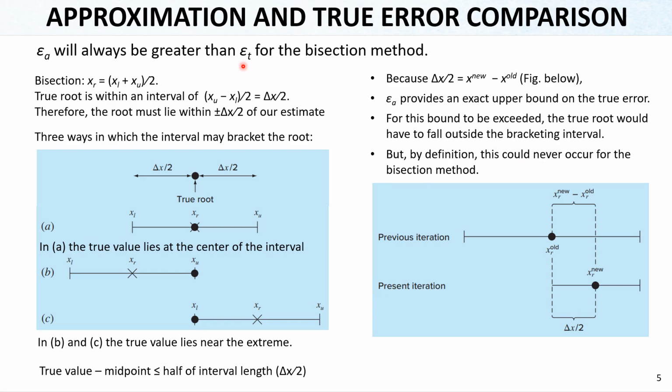And this is a big advantage, because it makes the approximation error get smaller each time, so that we can always find a true root. Let's say we will always find it with the bisection method.